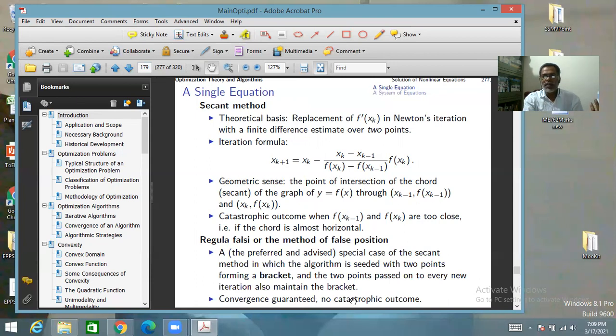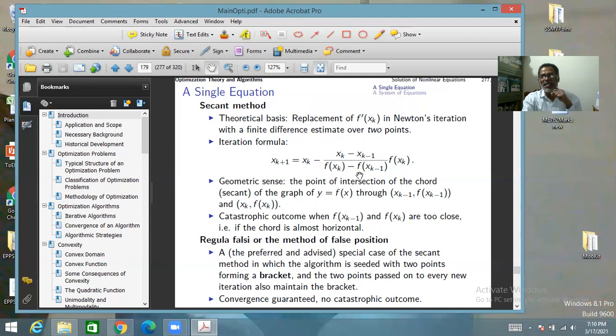There is no question of any catastrophic outcome because all the time bracketing is maintained. In order to maintain the bracket, for the next iteration you retain those 2 points which are on opposite sides of the 0. And in this case, the denominator cannot be 0 because one of them is positive, the other is negative.